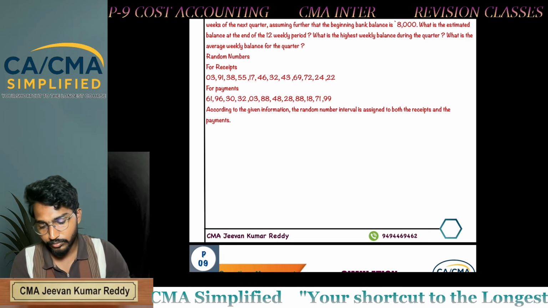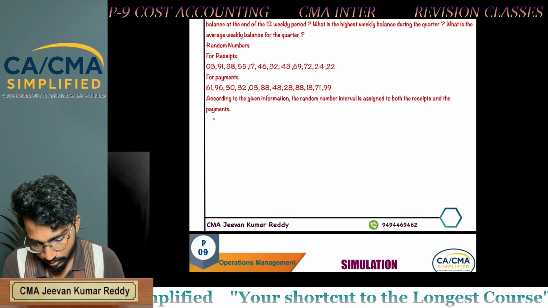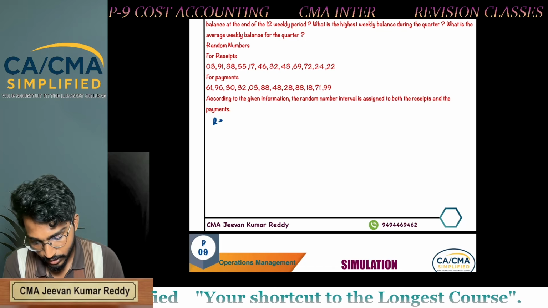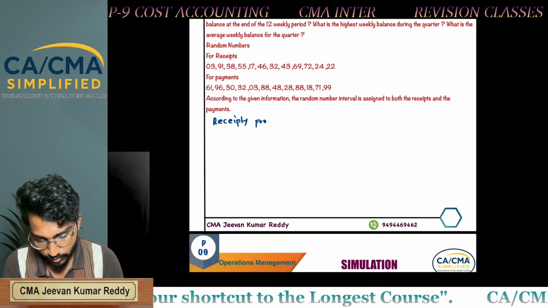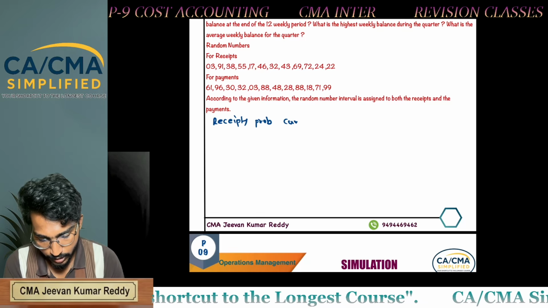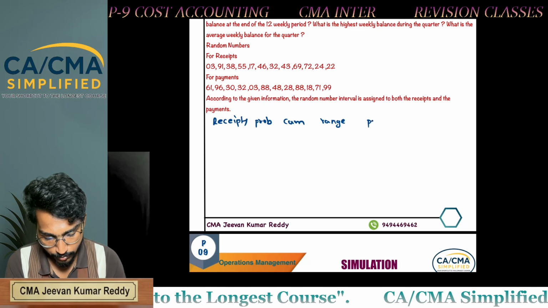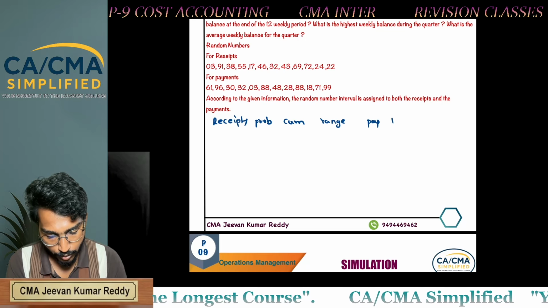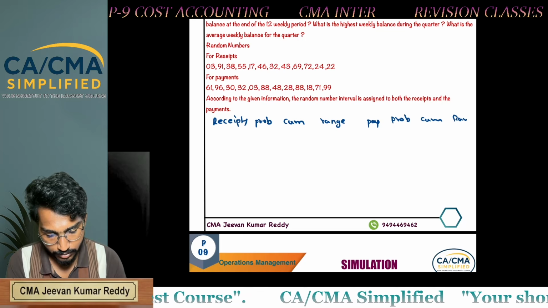Now first we need to calculate the range. My receipts, probability, cumulative probability, range. Next, payments, probability, cumulative probability, range.